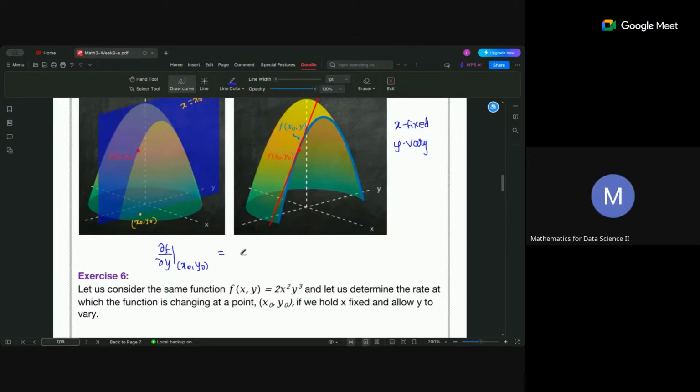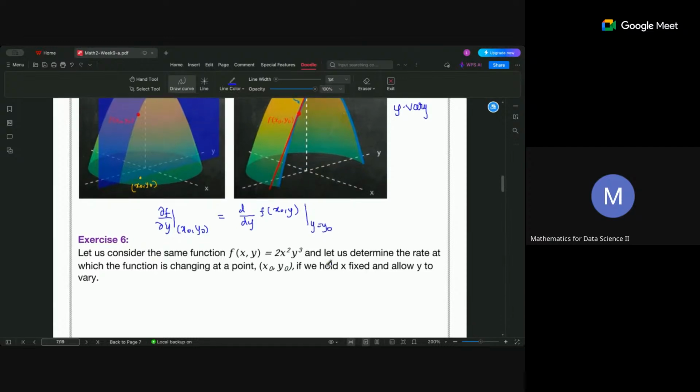Exactly. So here d by dy of f of x naught comma y at the point y is equal to y naught.